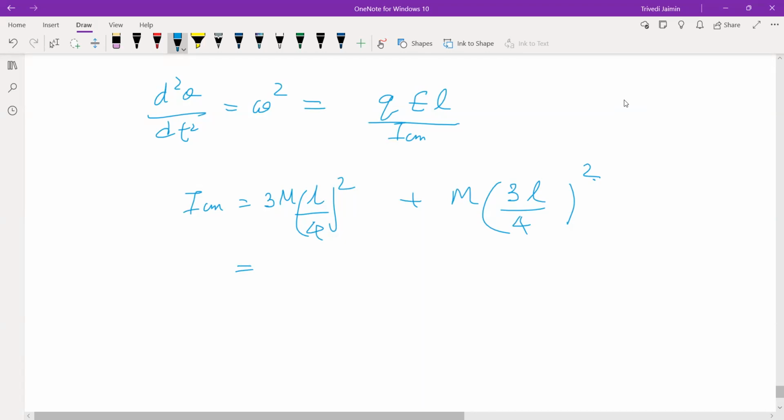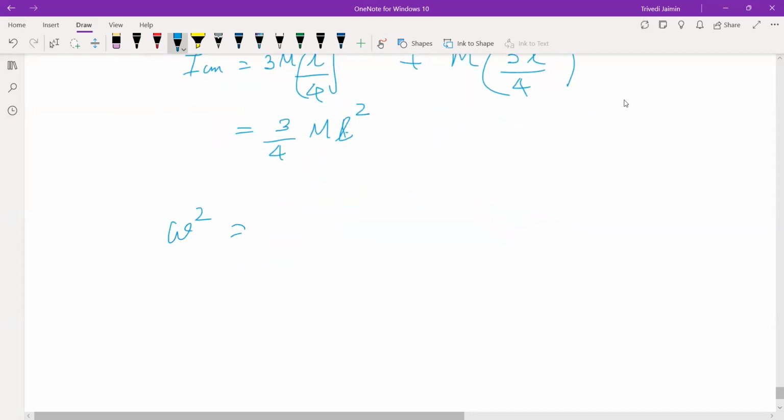That gives 3 by 16 plus 9 by 16, which is 12 by 16, so 3 by 4 m L square. Then substituting, omega square equals QE L by 3 by 4 m L square, so omega equals under root 4 by 3 QE by mL.